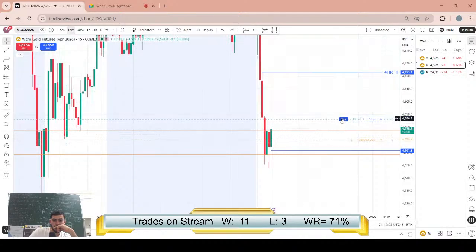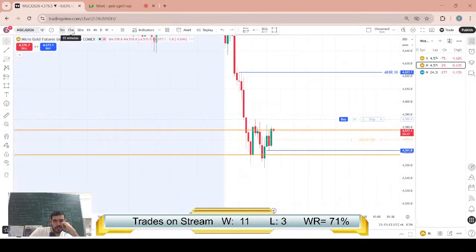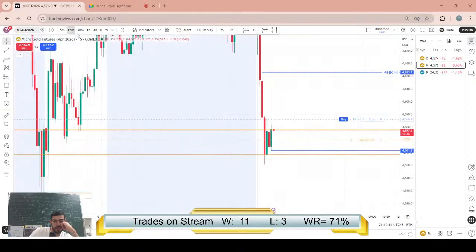So I think I will just place my buy stop. This is the 15.